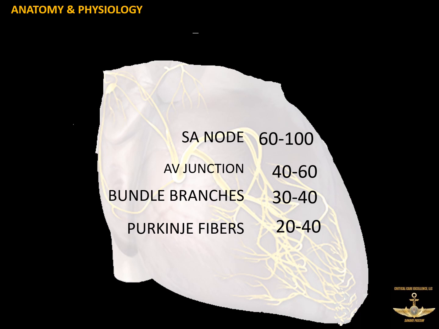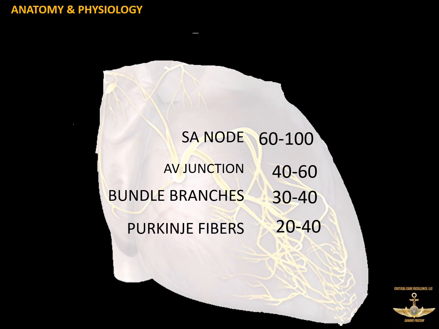It's really just a matter of which one of these areas depolarizes first, and that's going to give your heart rate. We know our normal heart rate is between 60 to 100. A normal sinus rhythm is between 60 and 100, and that comes from the sinoatrial node, the SA node. Its intrinsic firing rate, by its rate of depolarization, is 60 to 100. It gets to be first because it depolarizes first.